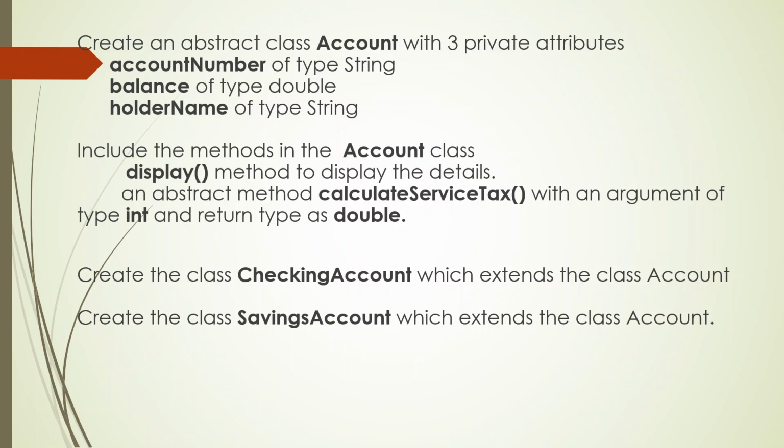Then the related methods: display, then calculateServiceTax. This is the abstract method with an argument of int and the return type as double. Create a class called CheckingAccount which extends the class Account, and create a class SavingsAccount which extends the class Account.